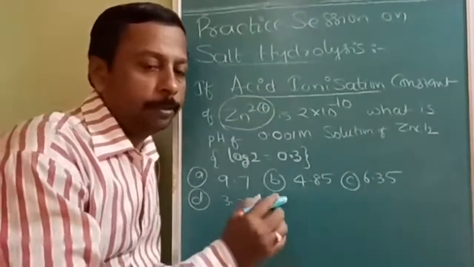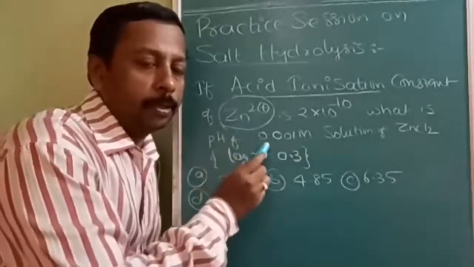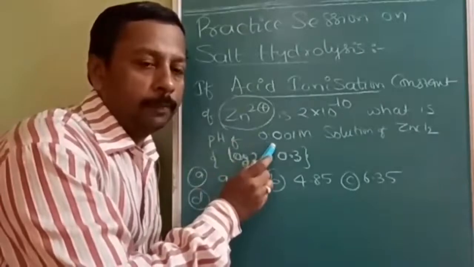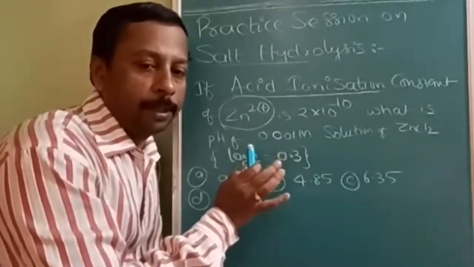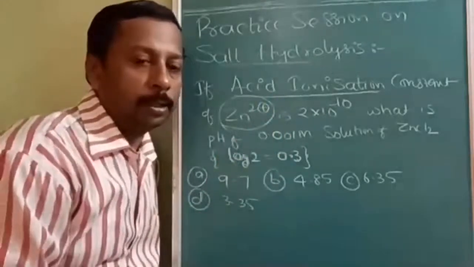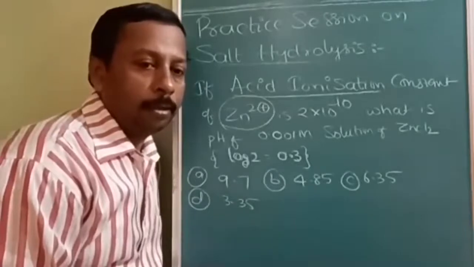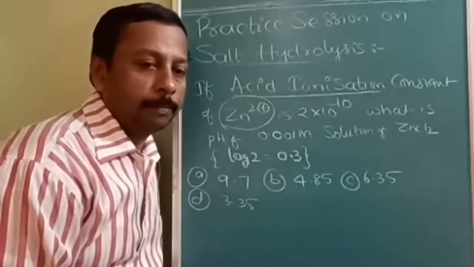Okay, very simple. Here the acid ionization constant is given and the concentration is given. If you substitute in the simple formula, the only confusion is with the acid ionization constant. That is, Ka is given and you have to find the pH.